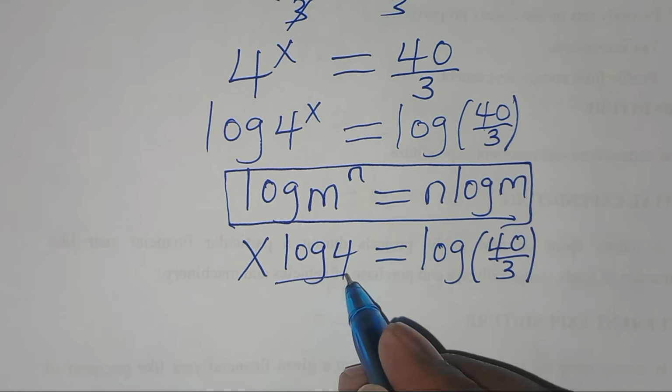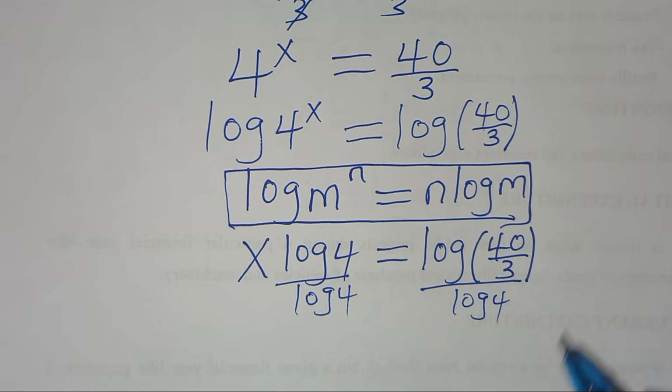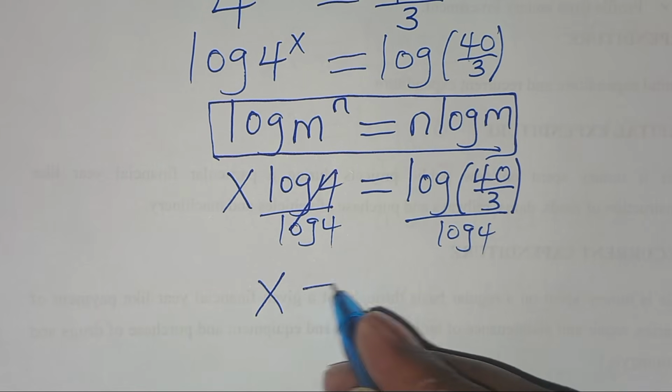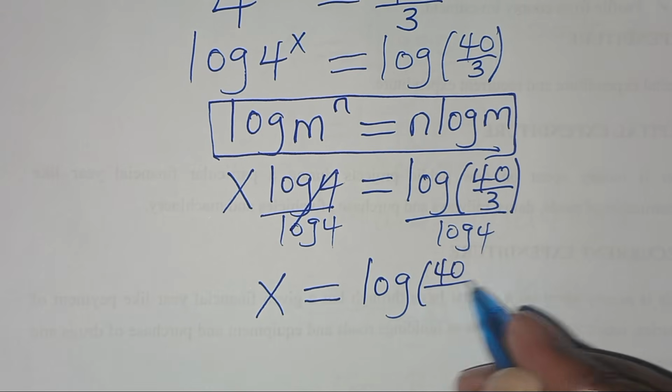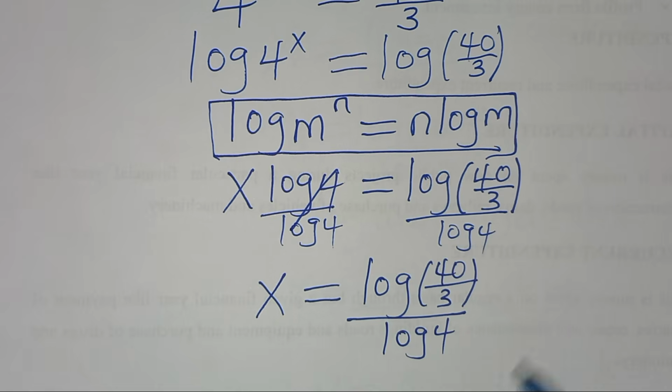Let's divide both sides by log 4. So log 4 and log 4 simplifies, so that here x is equal to log 40 over 3 divided by log 4.